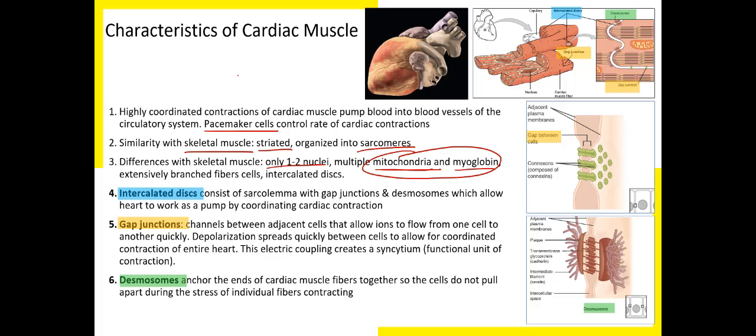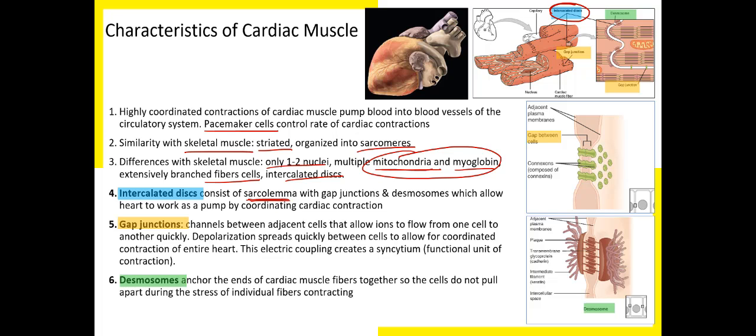Okay, and they've got these branched fibers as well as intercalated discs. So if you look at the diagram at the top, these intercalated discs in the bright blue consist of the sarcolemma. So the sarcolemma is the plasma membrane of a muscle cell.